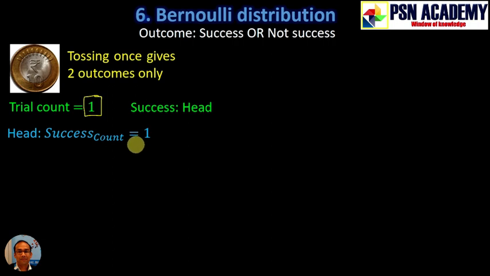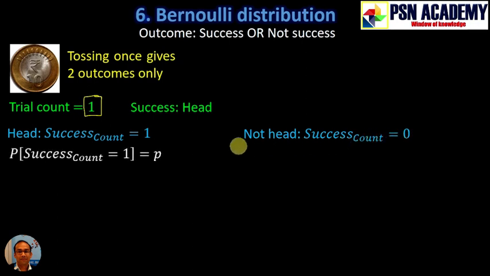We will have 1 success whenever we have a head, and we will have a success count of 0 whenever we have not head. Whenever we have not head, that is tail, our success count will be 0. That means the total number of successes will be 0.